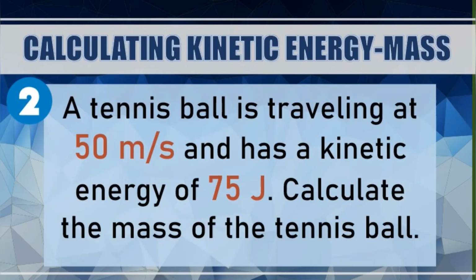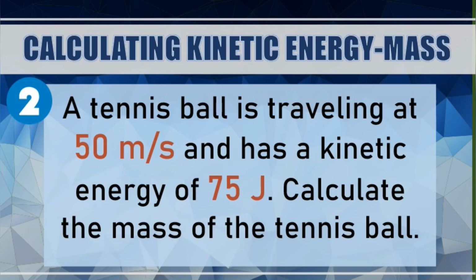How about in calculating problem, we encounter the mass or we are going to find the mass. So, the problem is a tennis ball is traveling at 50 meter per second and has a kinetic energy of 75 joules. Calculate the mass of the tennis ball. So, remember the given.